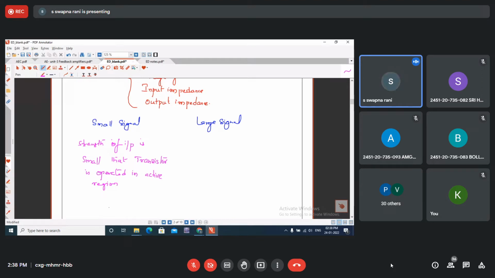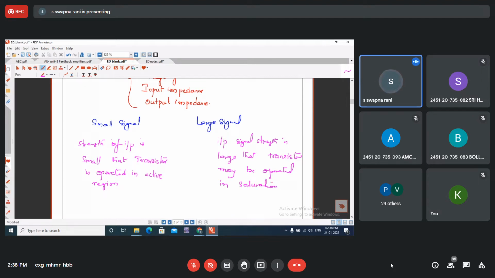If the input signal strength is large, the transistor may be operated in saturation and cutoff as well.